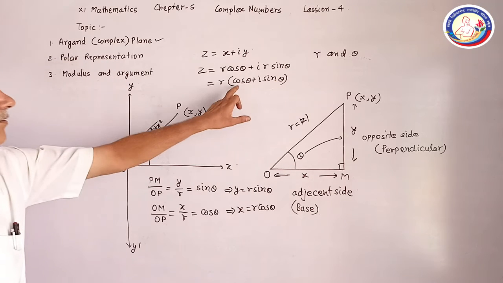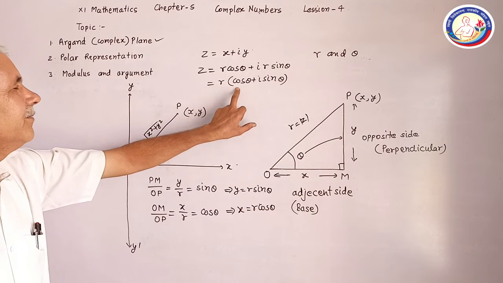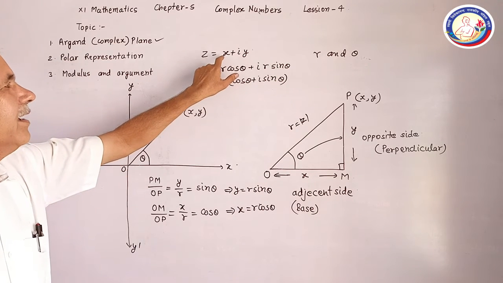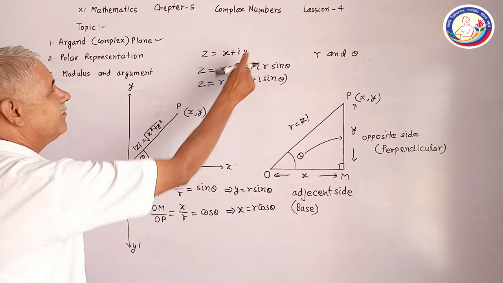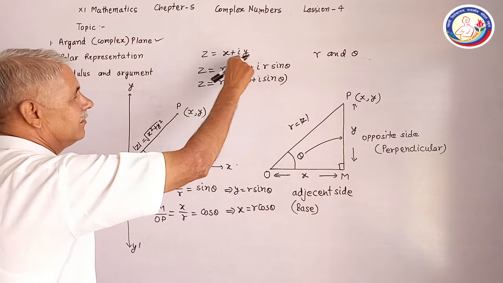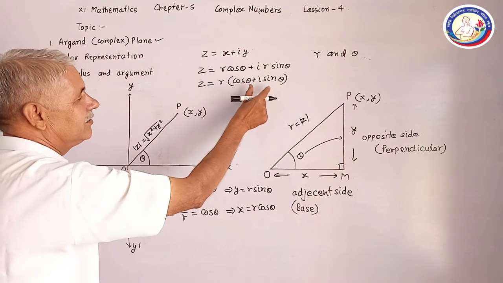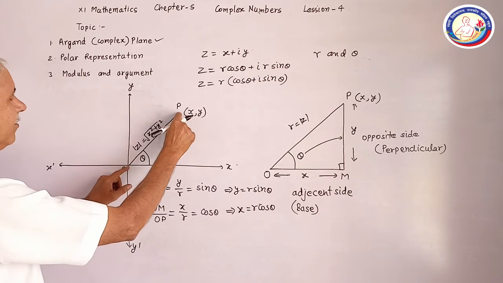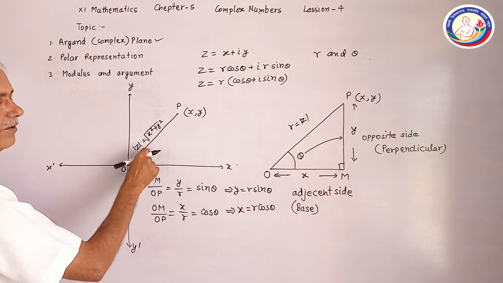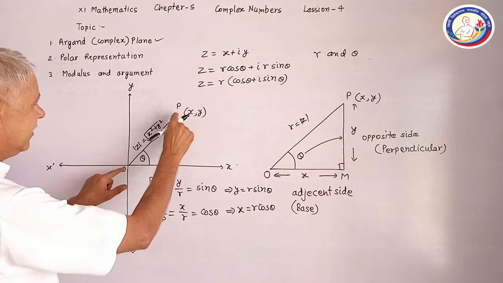So this is called the polar representation of any complex number x plus iota y, and this is the simple representation in terms of x and y, while this is in terms of r and theta. This is the length of the pole and this is the direction of the pole. Again listen, this is the length of the pole.